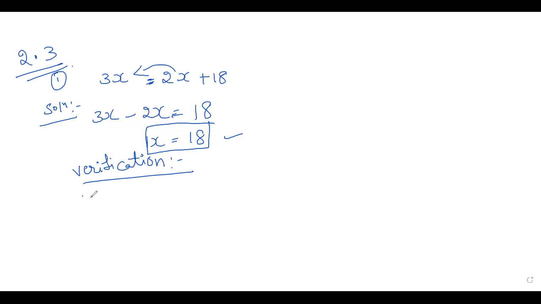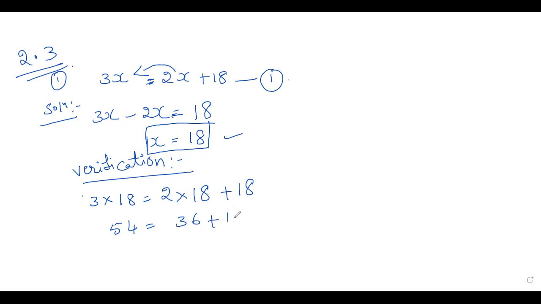Right here, 3 into x, the value is 18. So I'm substituting in the given equation, children. That is 3 into 18 is equal to 2 into, in place of x, I'm writing 18, plus 18. That is equal to 18 3s are 54. 18 2s are 36 plus 18.